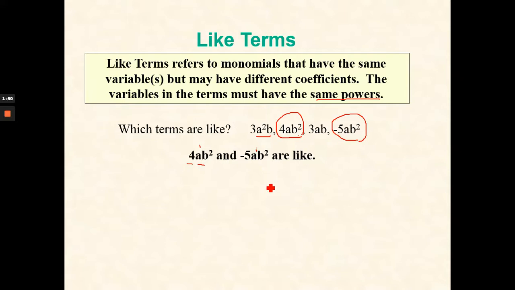So they are like terms. It's true that the others have the same variables, a, b, a, b, but they have different exponents. So bear in mind that like terms have the same variables, and at the same time, those variables have the same powers.